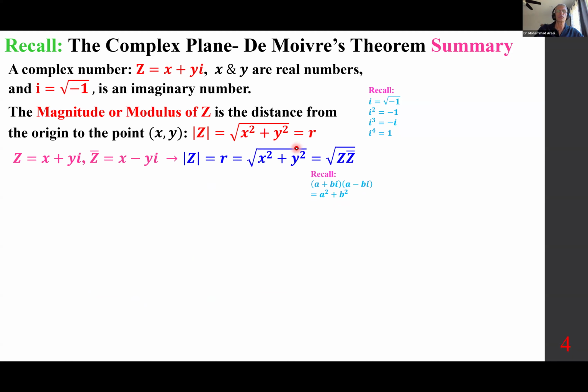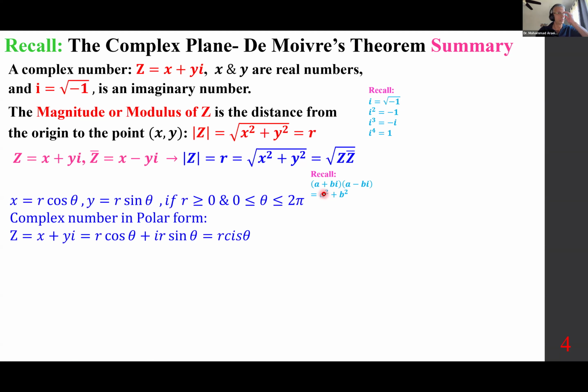And we can get x squared plus y squared from z times z bar, where z and z bar are complex conjugates. If you multiply a plus bi and a minus bi, the product is a squared minus b squared i squared, which makes it a squared plus b squared because i squared is -1.